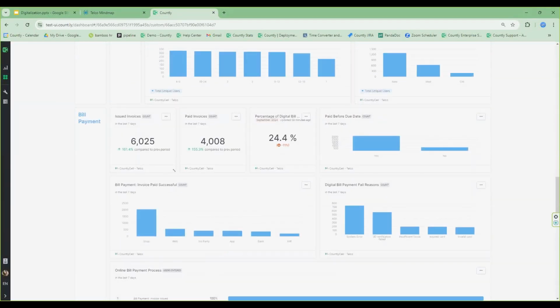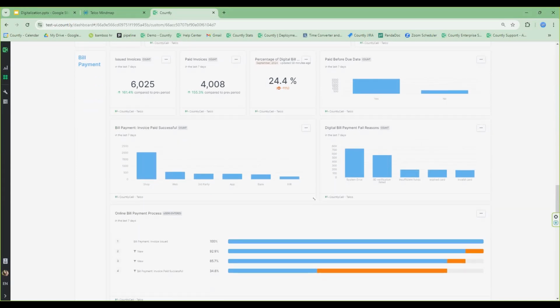I'll go to bill payment. You can check by using our drill and formulas what is the percent being paid online, how many invoices were issued, and how many were paid. Are they paying before or after the due dates? Do we need to improve certain steps to move them before the due date to increase satisfaction? Which channels did they use most to pay their bills from?